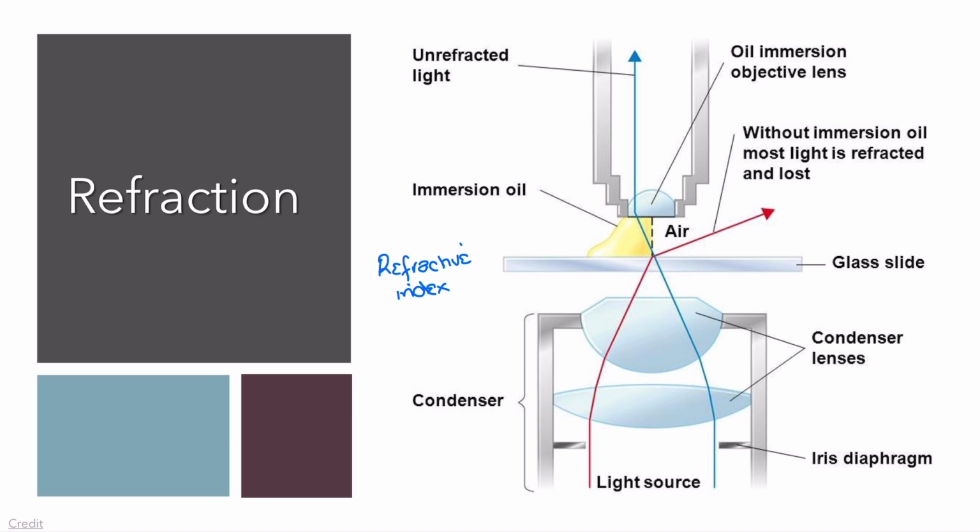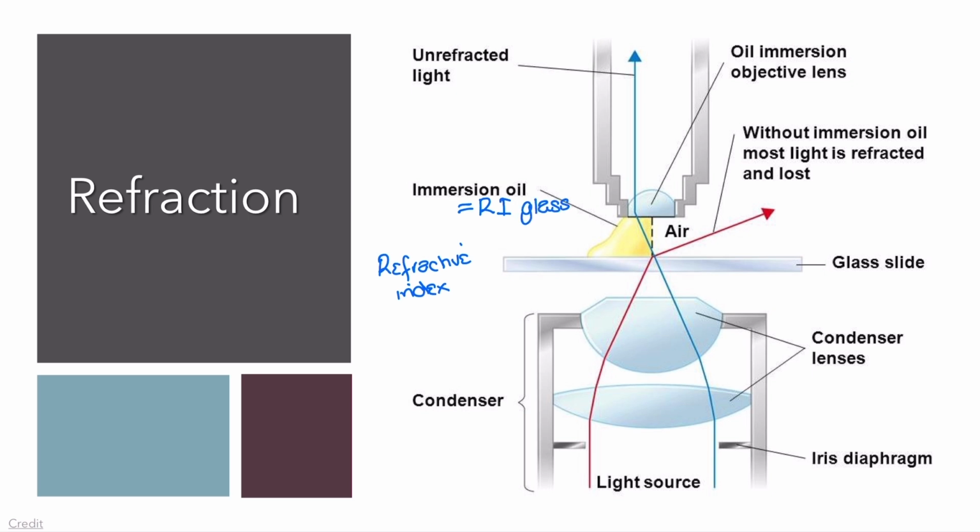Resolution, remember, is the ability for our lens to gather light and determine fine detail, i.e. two separate objects or more, as being independent of each other. Now, thankfully, oil, particularly the immersion oil that we use with our microscopes, has a refractive index that's similar to glass. So this is pretty much the same refractive index as glass.